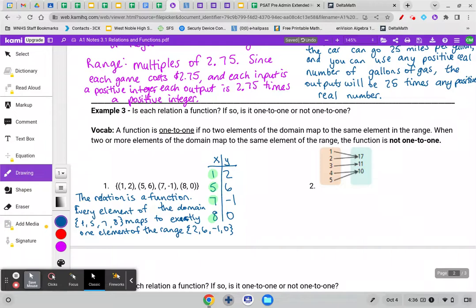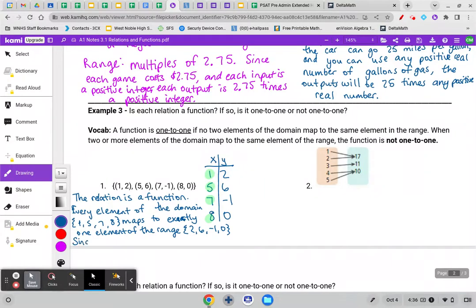This is also one-to-one. Okay? Now, basically, big idea here. Just make sure your x values do not repeat. If they do repeat, this is not going to be a function at all. Okay?